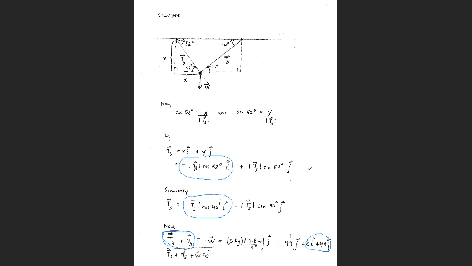And the sum of your J components, because remember, you're adding T3 and T5, has to equal 49J. And that's how we get these two equations. Does that clarify, Christian, for you? All right, great.